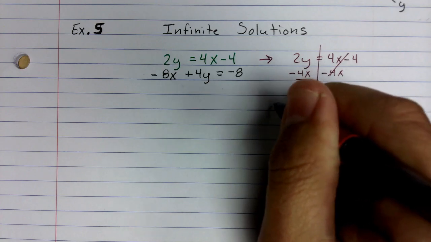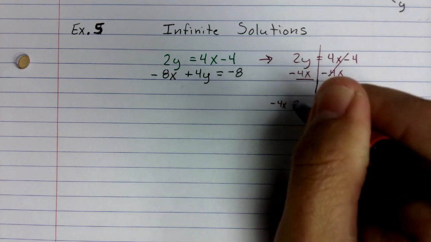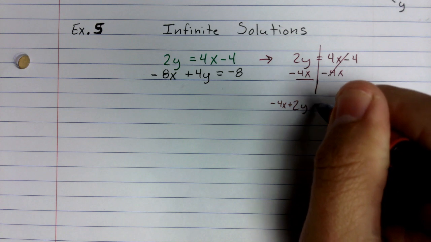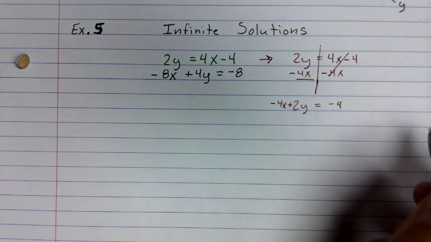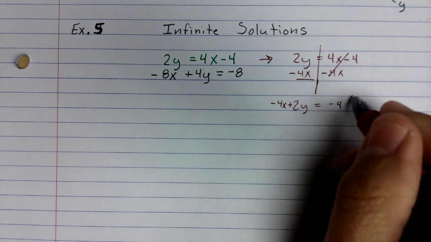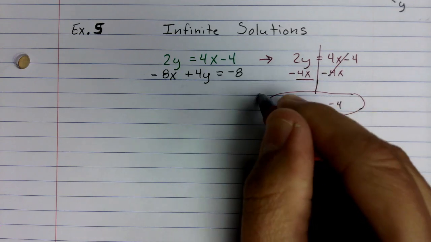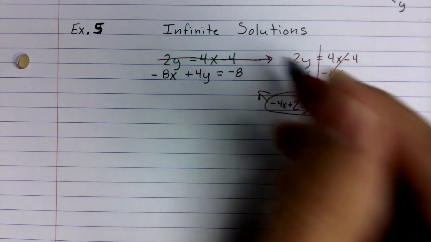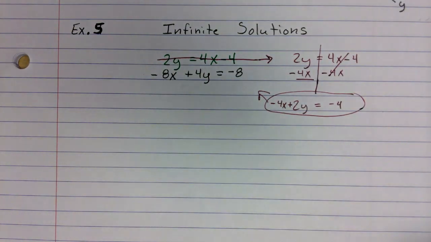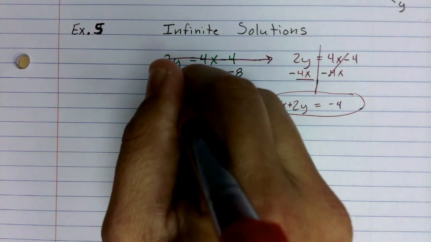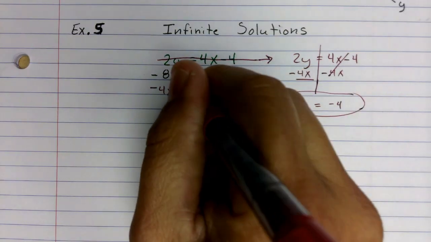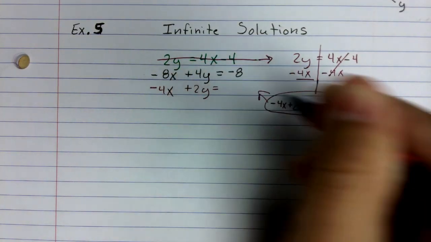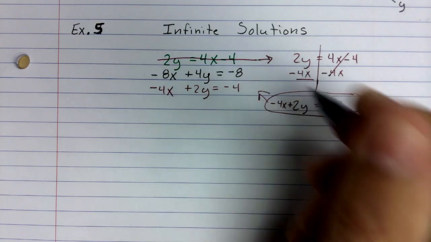I'm going to put the minus 4x in front. That's a positive 2y is equal to negative 4. So now I'm just going to rewrite this over here directly under my existing equation. And I'm going to cross out that 1 on the top, so I'm not tempted to add those numbers in. So we have negative 4x, and then plus 2y is equal to negative 4.